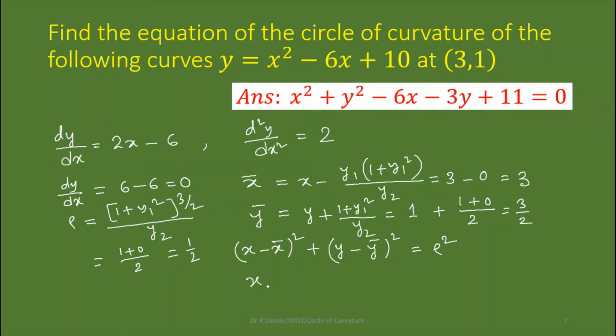So (x minus 3) whole square plus (y minus 3 by 2) whole square equals half whole square. If we expand this, then we get the equation of the form x square plus y square minus 6x minus 3y plus 11 equals 0.